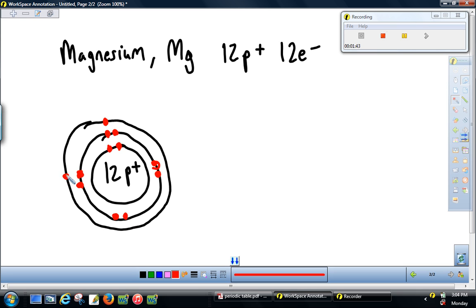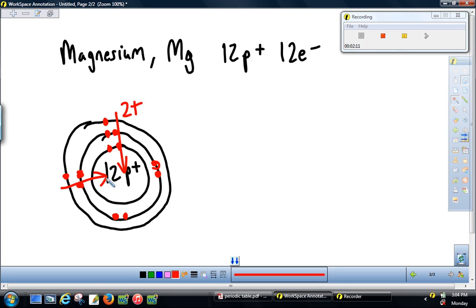And so I like to talk about the effect of nuclear charge again, to figure out what's happening within this atom. Remember, each inside electron, each core electron, in this case the first and second level, can shield the outer electrons from a positive charge. So 10 core electrons are going to shield the outer electrons from 10 of the 12 positive charges. That leaves an effective nuclear charge of 2+.